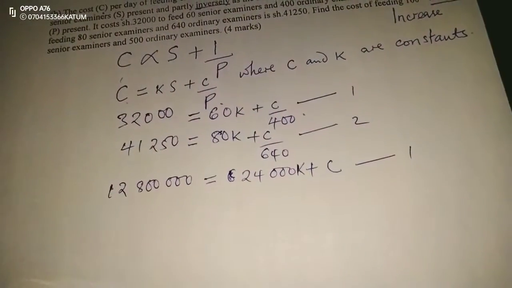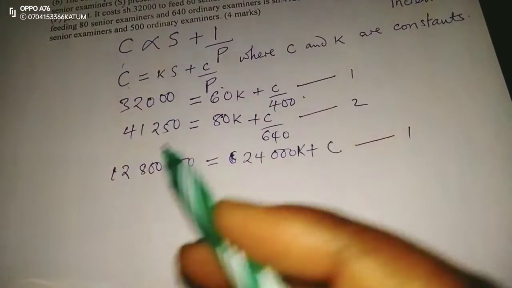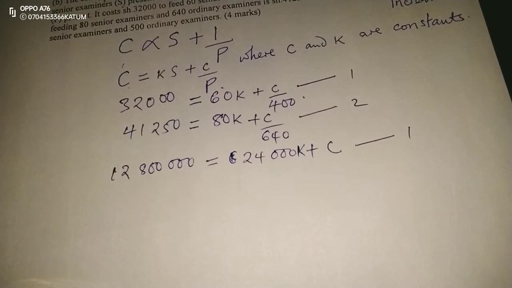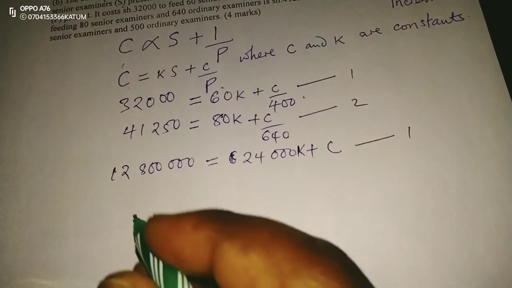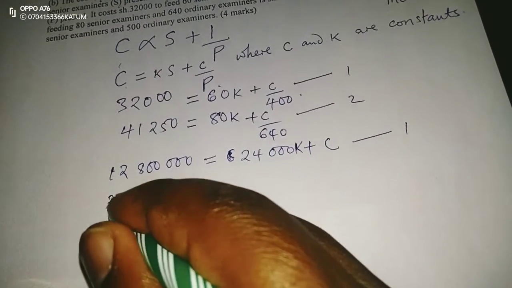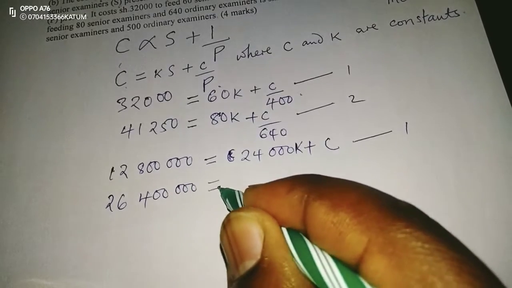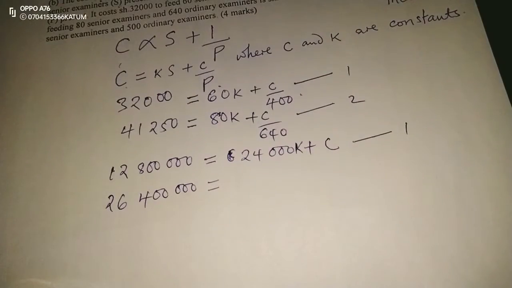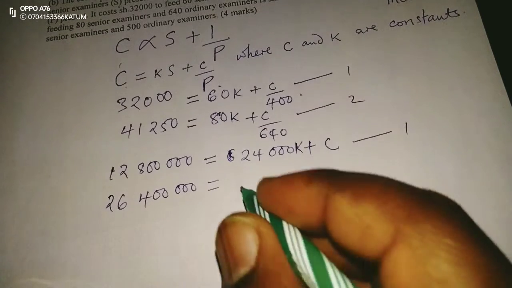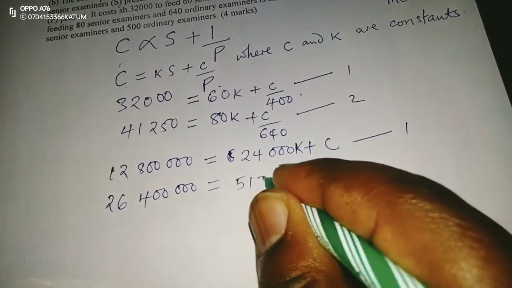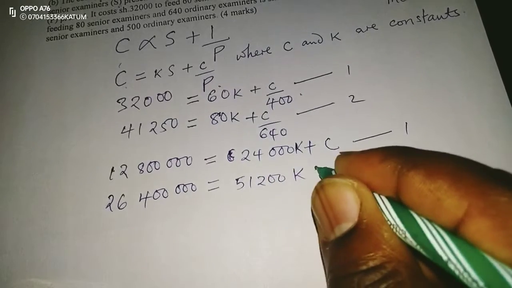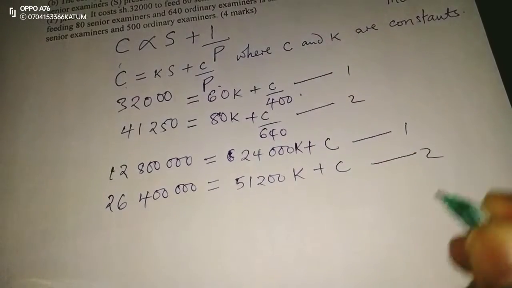Then in the second equation, we multiply through by 640. So that 41,250 by 640 now becomes 26,400,000. 26,400,000 equals 80 by 640. This is equal to 51,200 K plus C. This is equation 2.